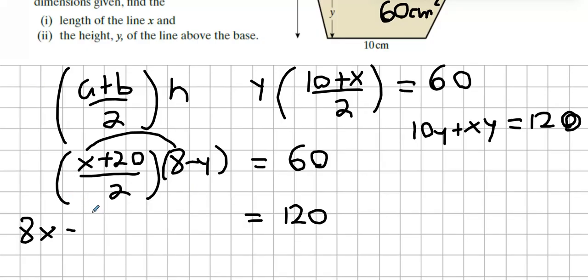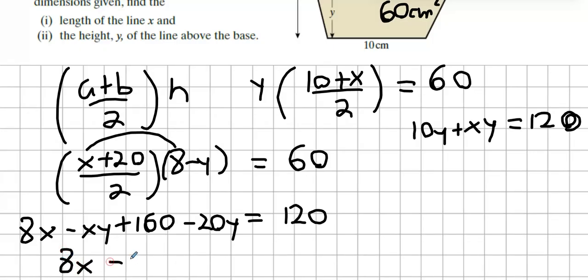I think 8x minus xy, 160 minus 20y. Alright. What to do with this is a different matter. 8x minus xy.